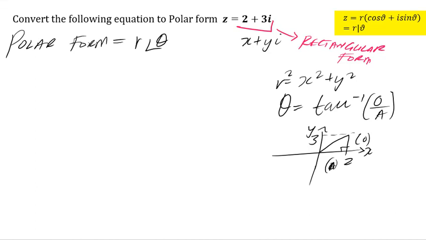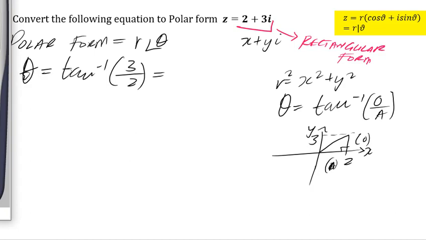That's how you're going to find the angle. So theta will be equal to arctan of opposite, which is 3, over adjacent, which is 2. Let's use a calculator to solve that.